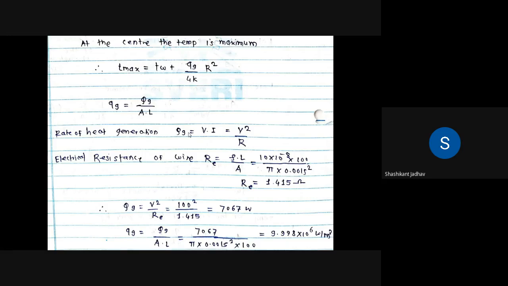Small qg value we have calculated. Tw is known to us, that is 100. Then K is given 20. R is known to us 0.0015 bracket square. So all of you put this value into the equation and find out the value of Tmax, and put that answer in the chat box. What is the value of Tmax?